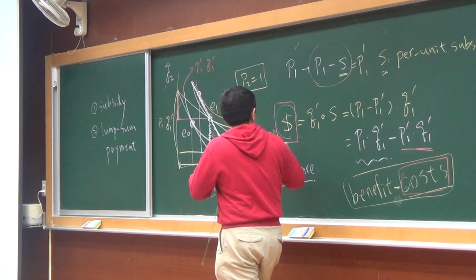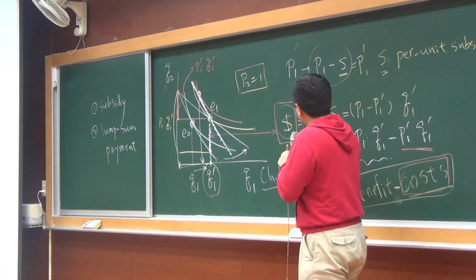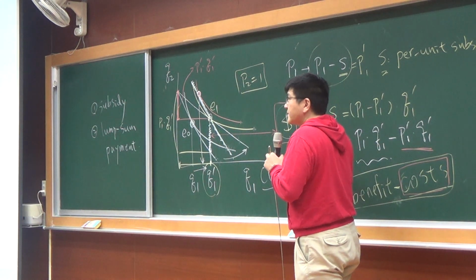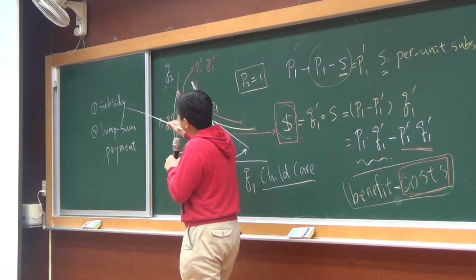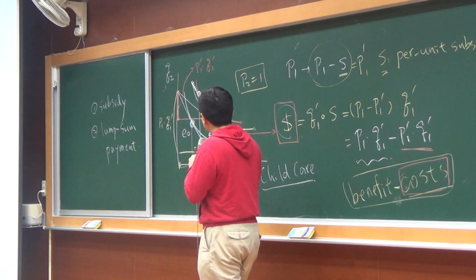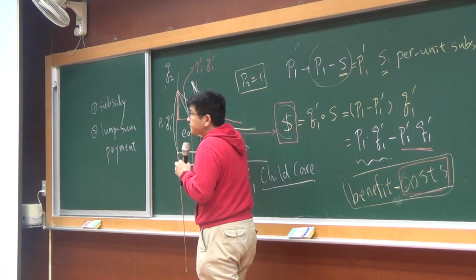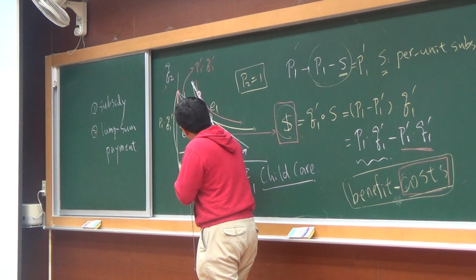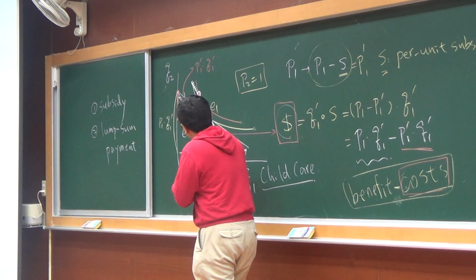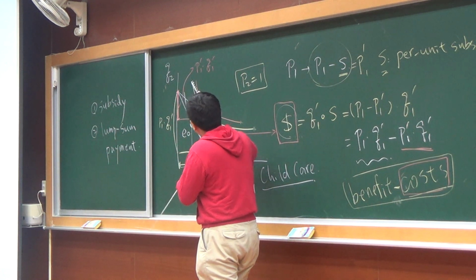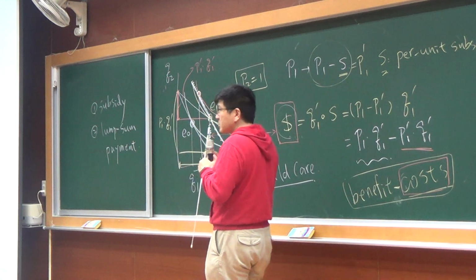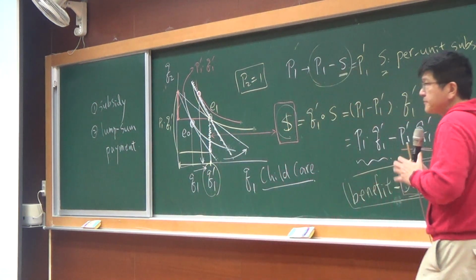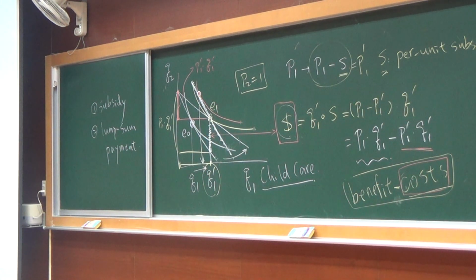This would be the total subsidy, right? If you adopt the first policy, this part would be the cost. And now we parallel shift this budget line up by this amount. So the cost would be the same. Any other question?